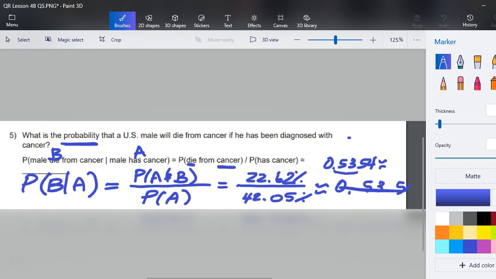So it's 53.54%, and rounding to the nearest whole number is going to put us at 54% as the probability that someone who has cancer will die from the cancer. As it says right here, what's the probability of a male dying from cancer given that he already has cancer?